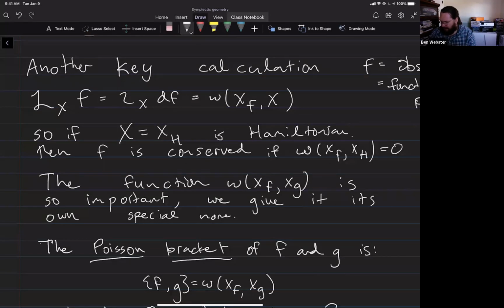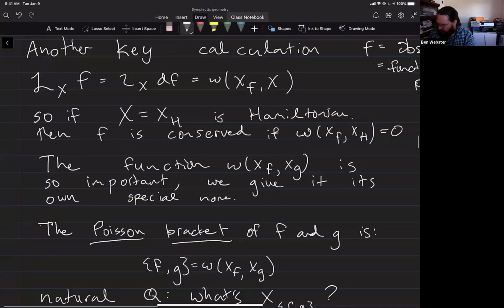So in particular, if my X is also a Hamiltonian vector field, then f is conserved. It doesn't change over time if and only if X_f and X_h are perpendicular under the symplectic form. So you can translate any question about the function f into a statement about the Hamiltonian vector field instead.